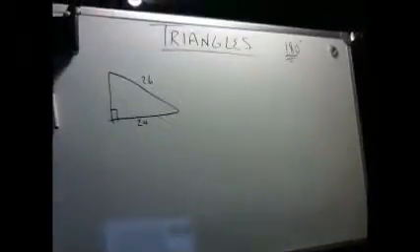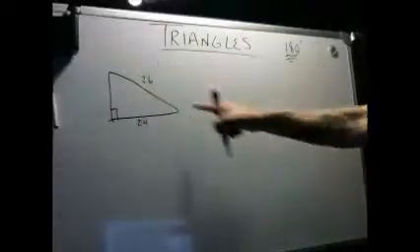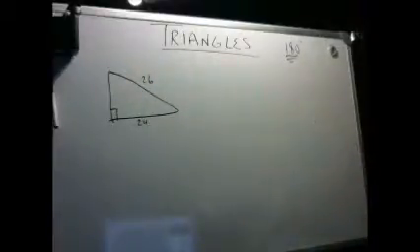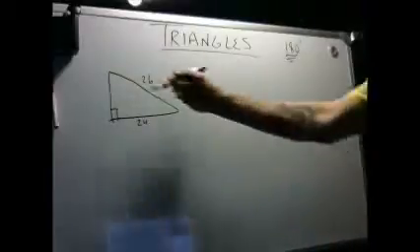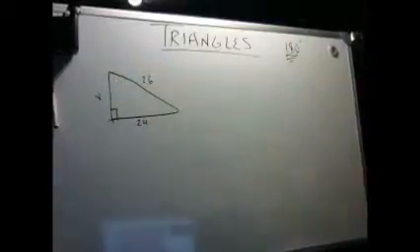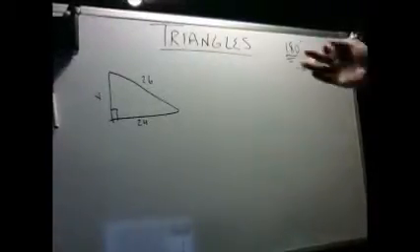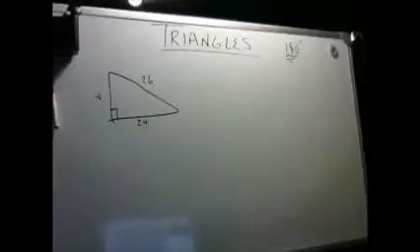Okay. So let's say we have a right triangle with the hypotenuse, which is this long side, as 26 and the base is 24, and we want to know what the height of the triangle is. We'll call that value x. So how do we solve for that value if we don't immediately recognize any kind of ratio, such as in the previous problems?